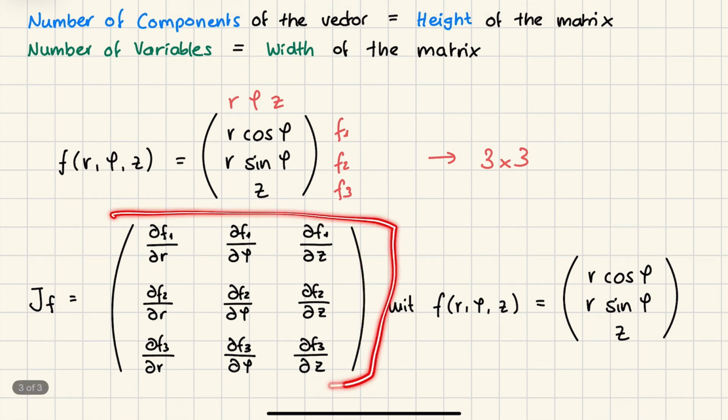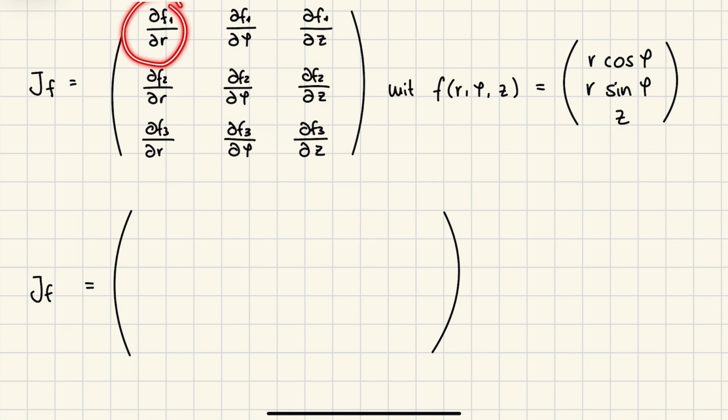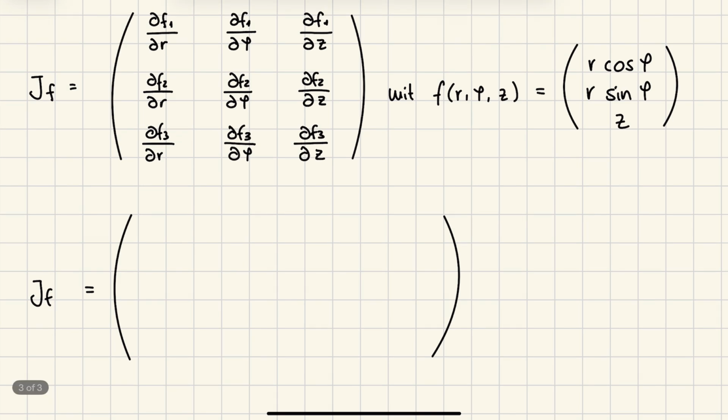So now let's compute all of those derivatives so we can fill this matrix with the actual values from our transformation. Del f1 over del r means we have to differentiate the first component of our vector with respect to r. So if we differentiate r cosine phi with respect to r, the r turns into 1 and only cosine phi remains. Next, we again have to differentiate the first component, but this time with respect to phi.